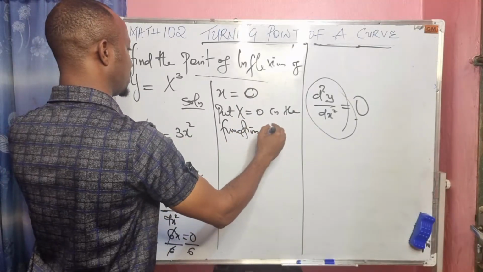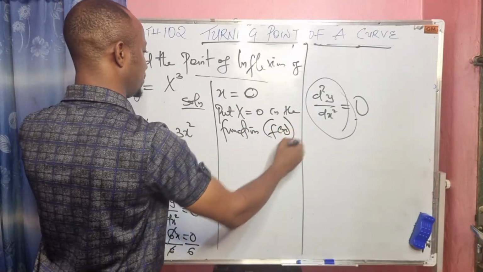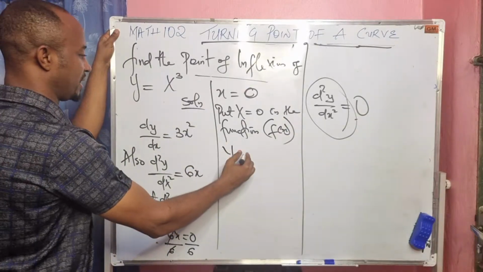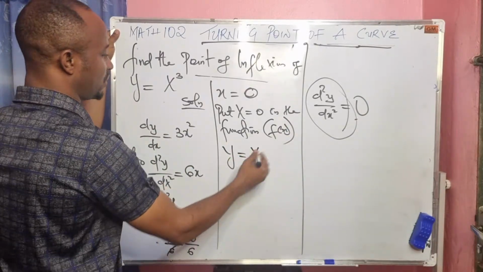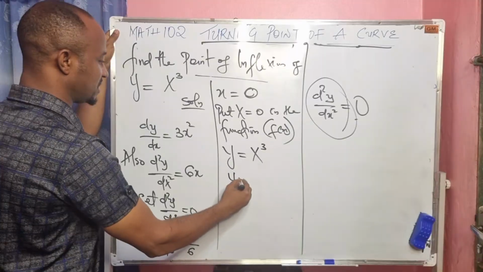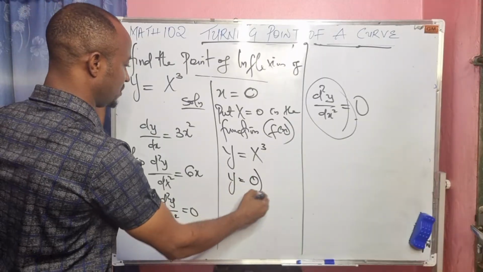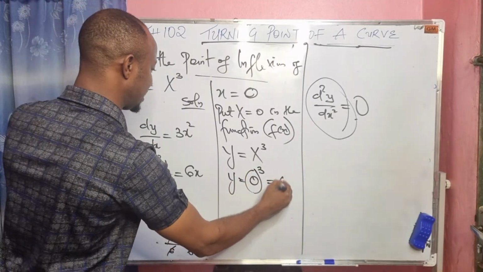Now, the next is to put x equals 0 in the function, and the function is our f of x, which is y. To find y, recall that y equals x cubed. So y is equal to 0 to the power of 3, which is 0.